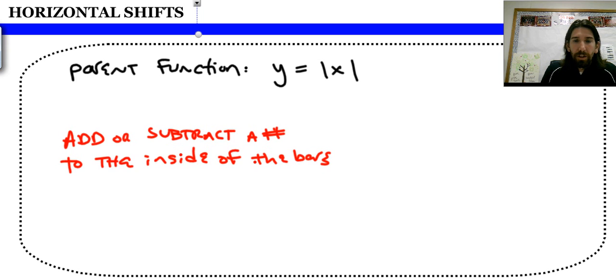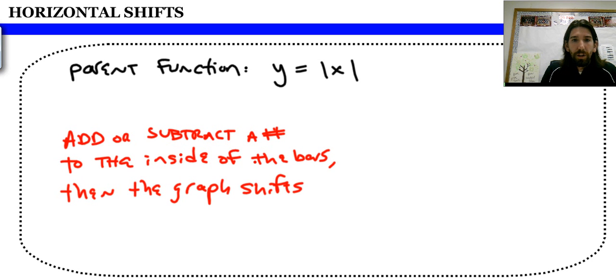Okay, so no longer to the outside of the bars, but to the inside of the bars. Then the graph shifts left or right.